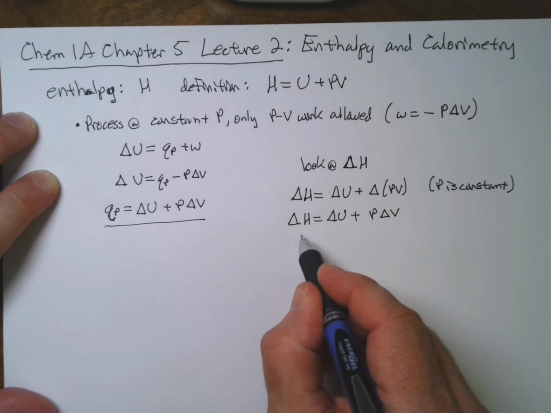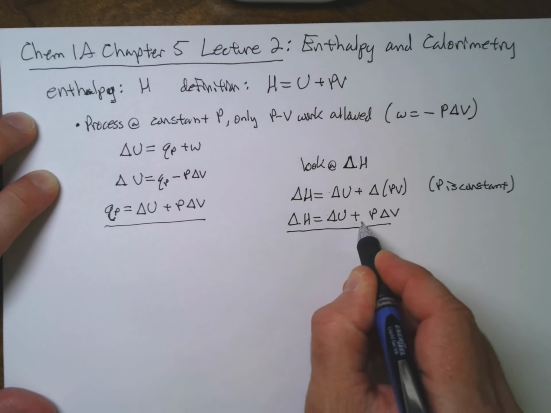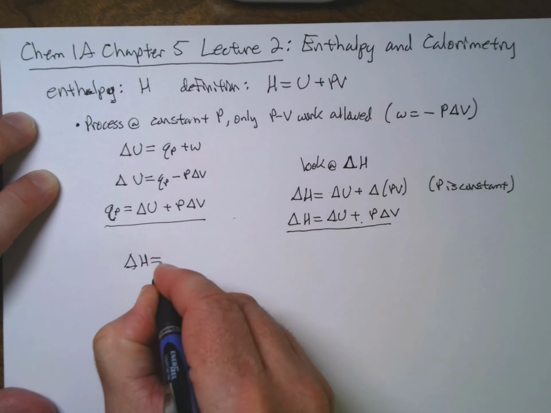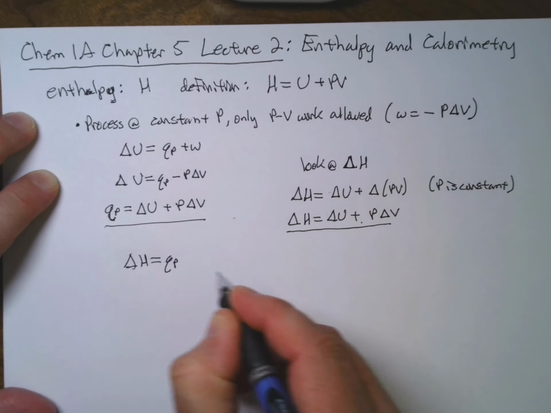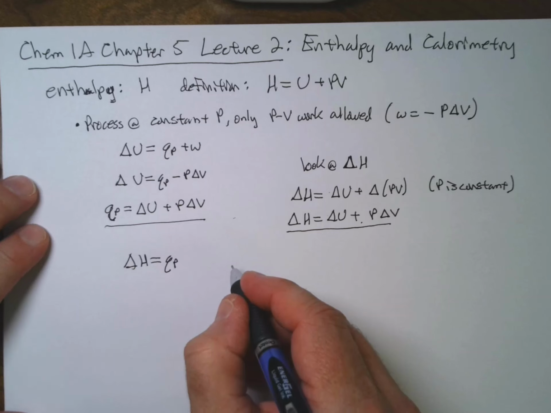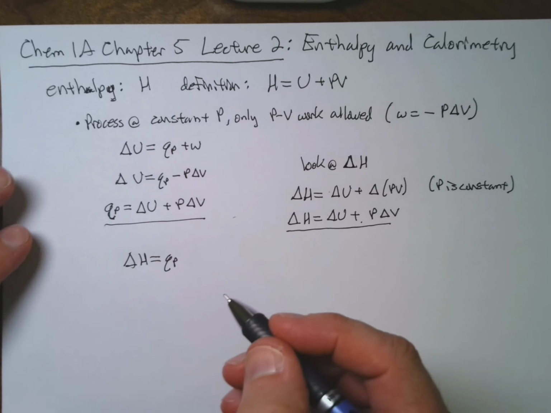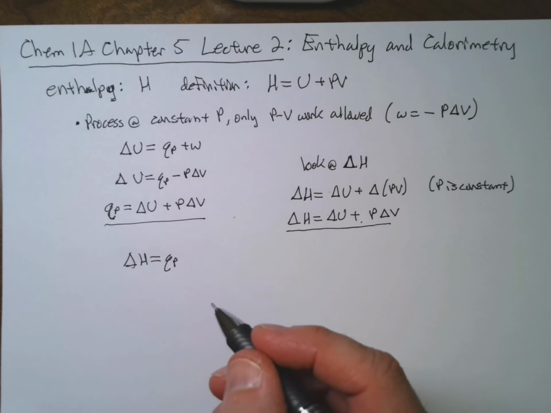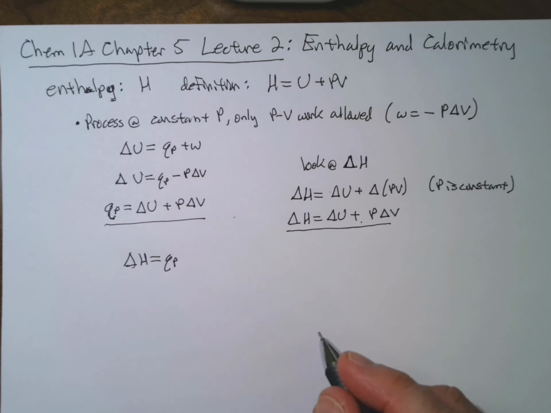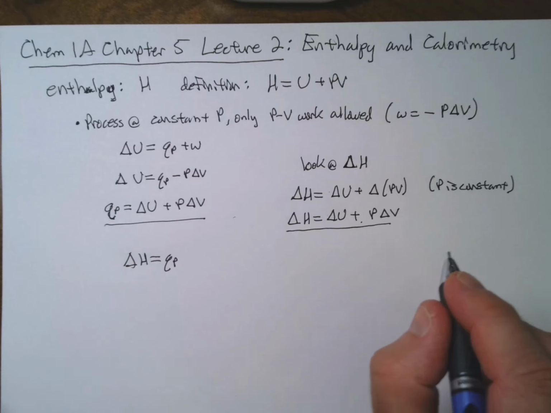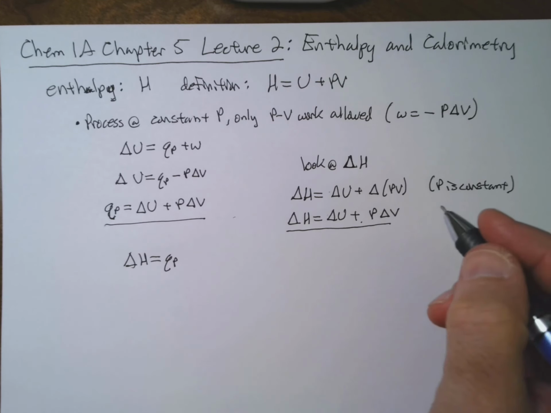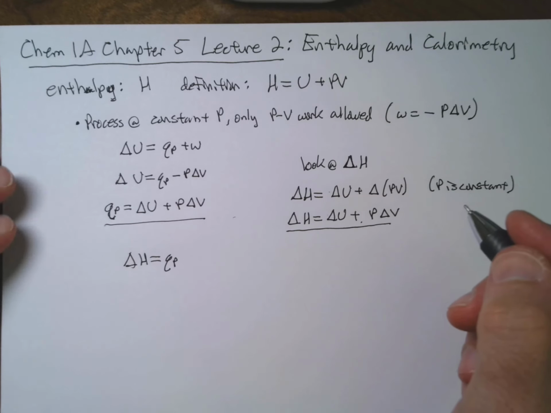So I can go ahead and say, wait a minute, these look awfully similar. So delta H equals QP. If I was going to describe delta H in words, I would say at constant pressure, where only PV work is allowed, the change in enthalpy, delta H, of a system is equal to the energy flow as heat.